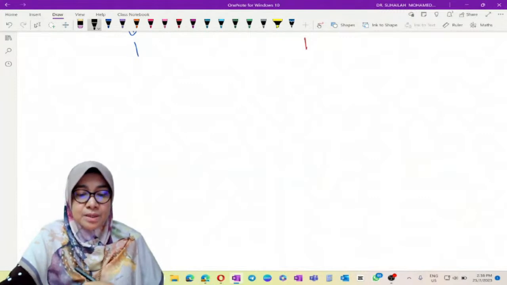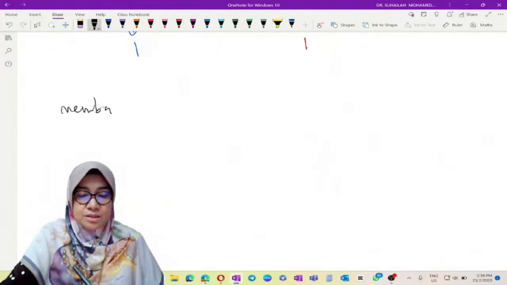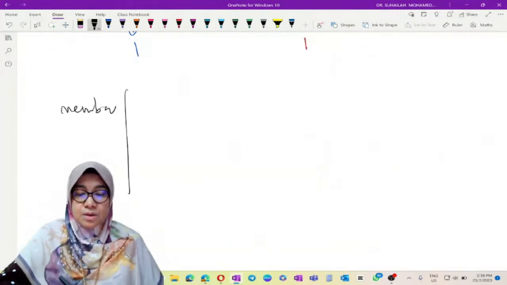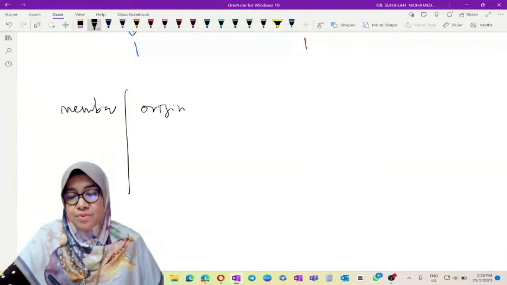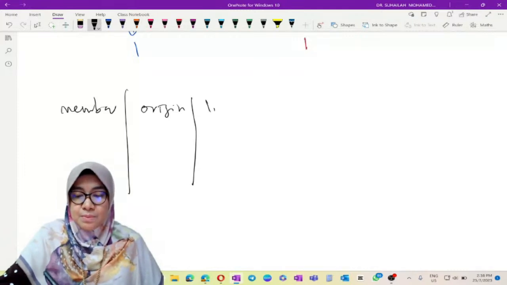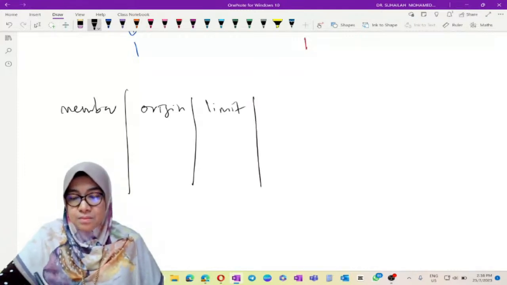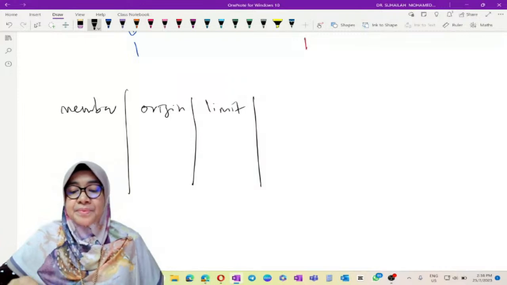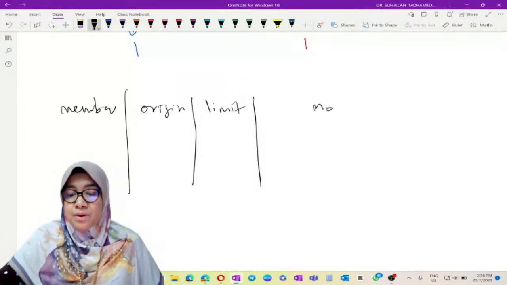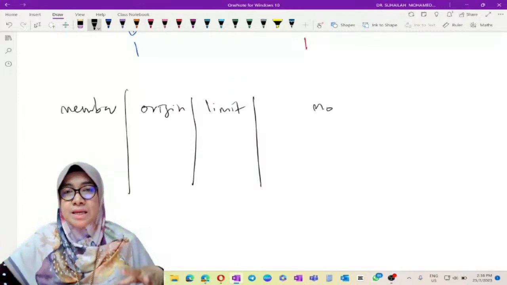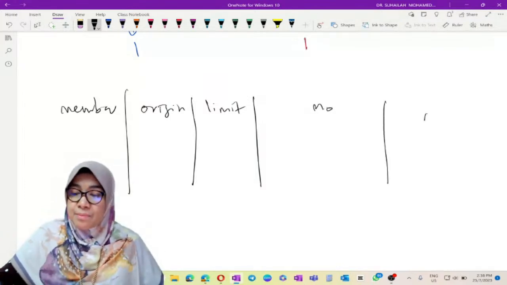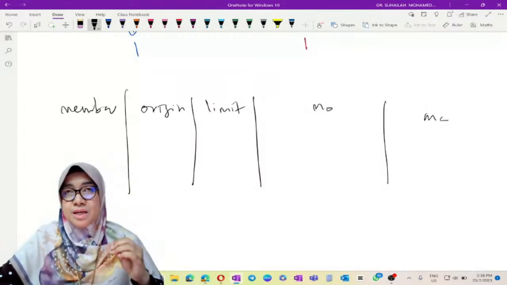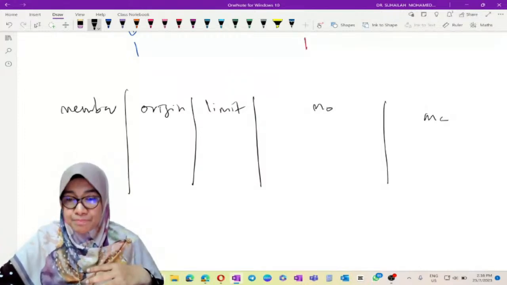In the table we have to list all the members, the origin that we use, and the limit, which means the x distance. We have M naught, the moment equation in the primary beam, and then we have MC, the moment equation in the redundant beam.